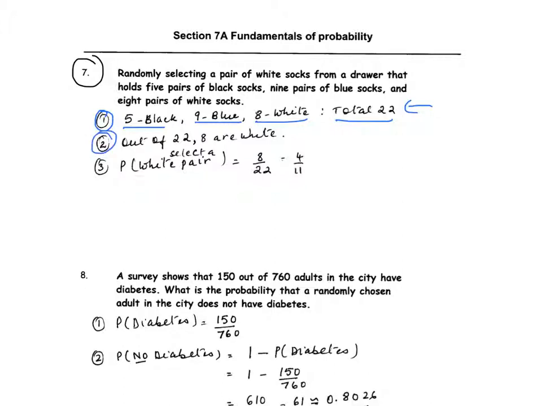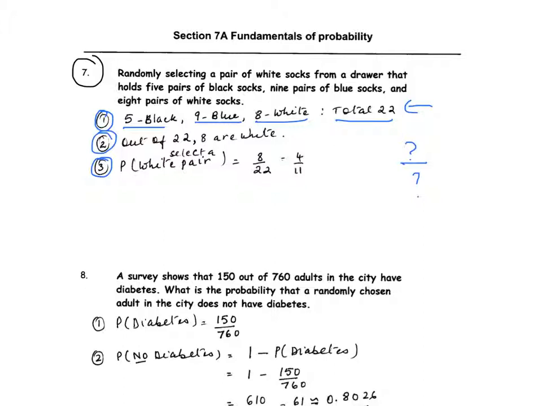Our next step is to figure out how many white pairs are in 22 pairs, because we need to find the probability of selecting a white pair of socks. So we have, out of the 22, 8 are white. And the third step is to actually calculate the probability. Probability is always something over something.